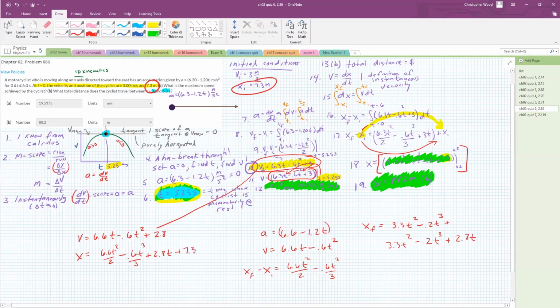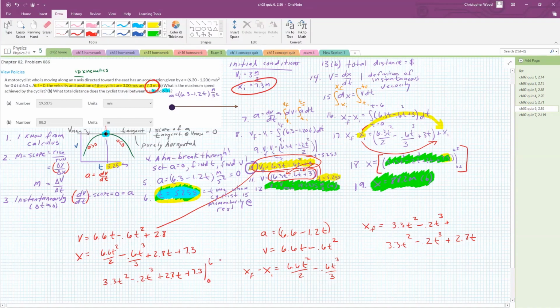Okay, so let's do this. 3.3 T squared minus 0.2 T cubed plus 2.8 T plus 7.3. And then what was your time? It was 0 to 6 seconds.